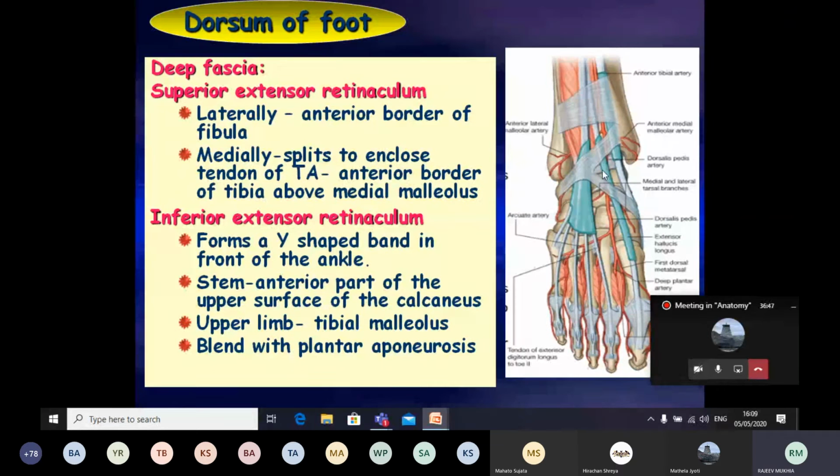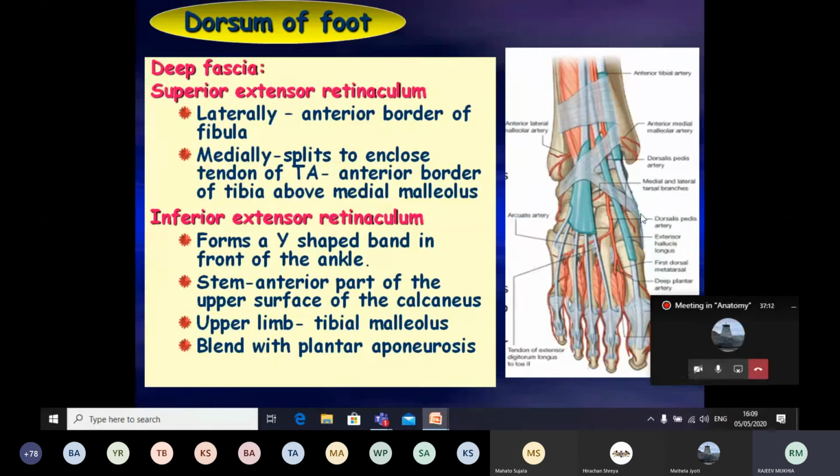Inferiorly, there is another Y-shaped thickening. This is known as the inferior extensor retinaculum. The stem of this Y is attached to the calcaneum bone, whereas the upper band attaches to the medial malleolus of the tibia, and the lower band inserts into the plantar aponeurosis.